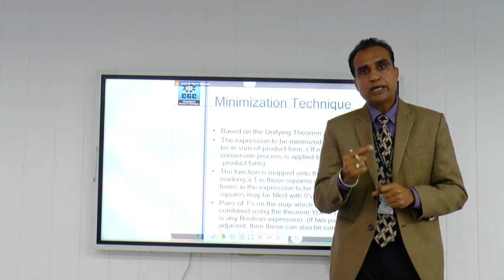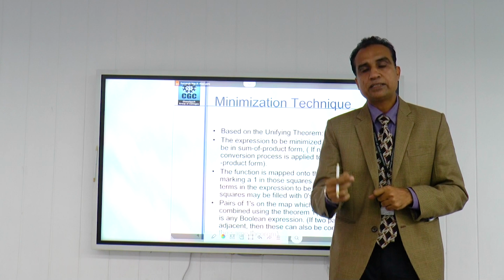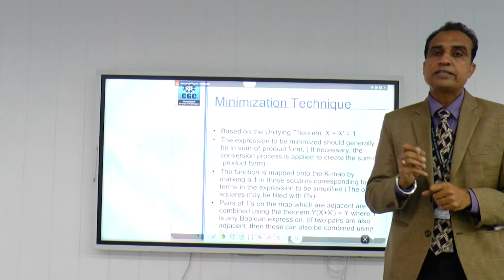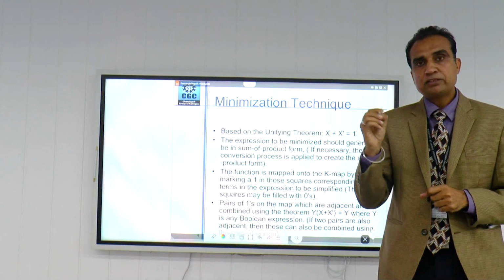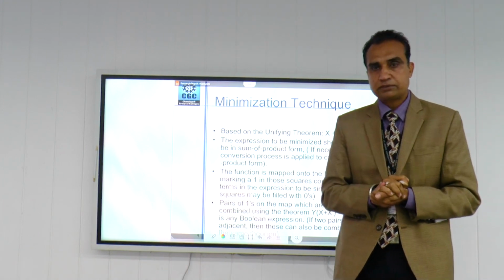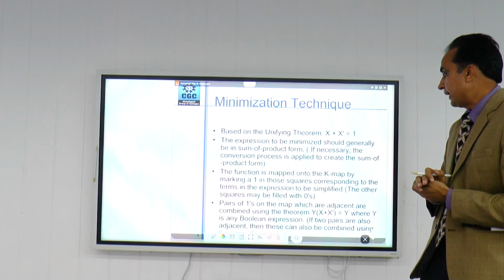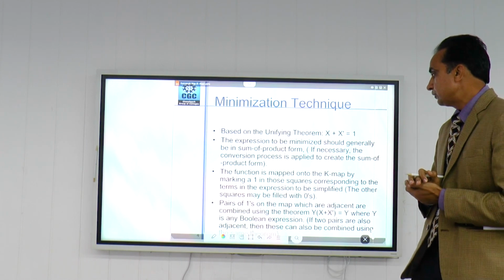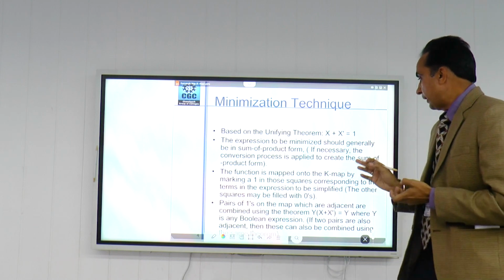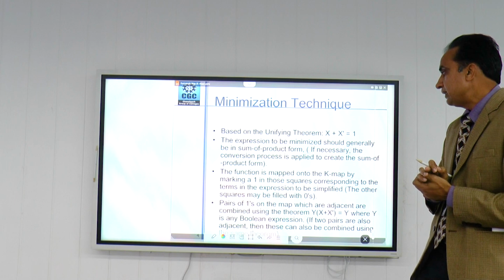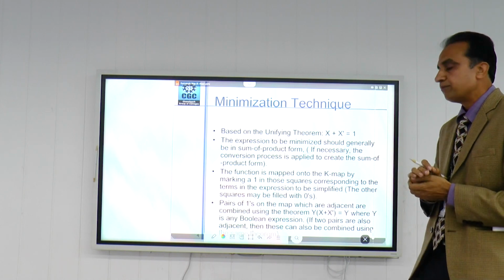According to those elements, we mark 1 into the corresponding square grid. Pairs of ones on the map which are adjacent are combined using the theorem x plus x complement is equal to 1, where y is any Boolean expression.